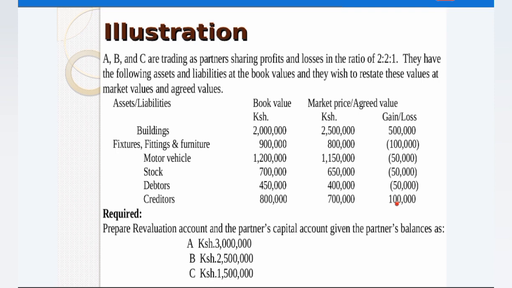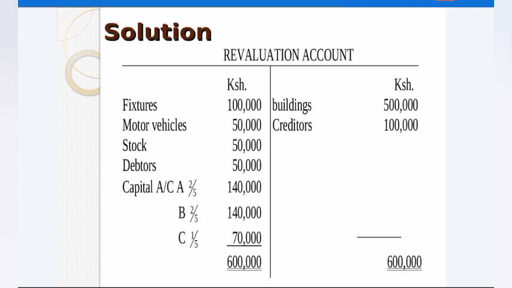So we should credit this revaluation account with the 500 and 100, totaling 600, and therefore debit this account with the losses, that of furniture 100,000, that of motor vehicle 50,000, that of the stocks 50,000, and that of the debtors 50,000. So this is how our revaluation account will look like.